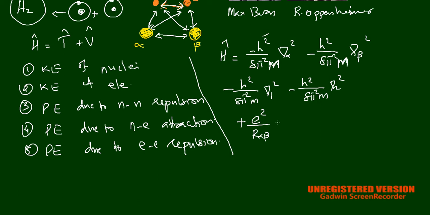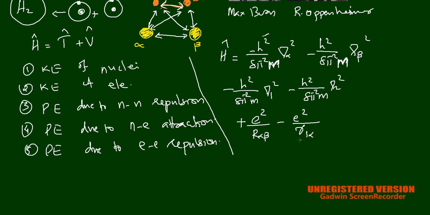Then it is minus e square, because that is the charge of the nucleus and the charge of the electron, that is minus e square divided by R1 alpha.